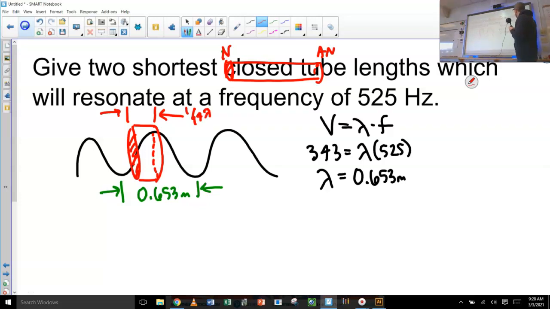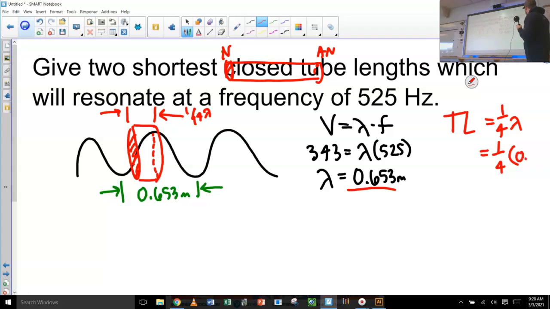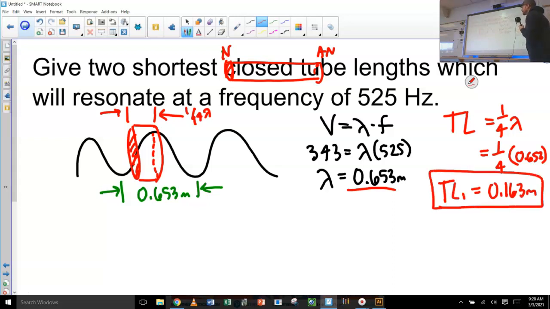So my tube, that tube length again, is 1/4 of a wavelength. And since we already know the wavelength, 0.653, you just take that number divided by 4, and you end up with 0.163 meters. That's tube length number 1. The shortest one. The shortest one's 1/4 of a wavelength.